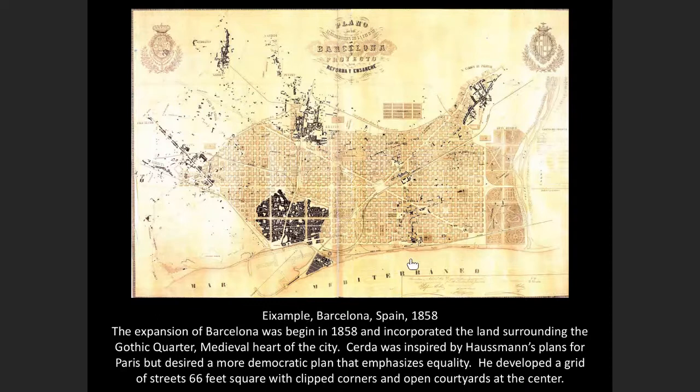What he does also introduce, though, are a few diagonal streets. You can see a few slicing through that provide an ability to get from one corner of the city to the other.